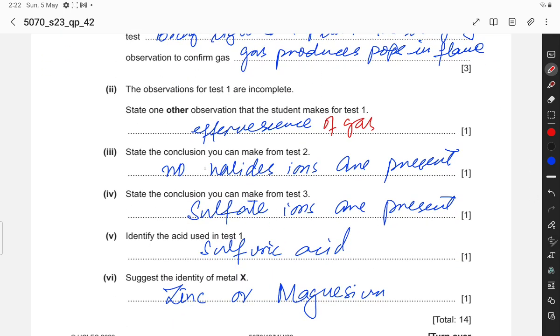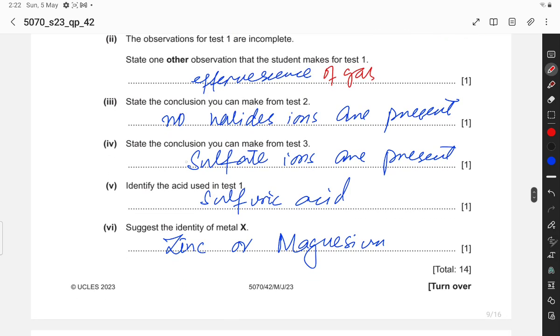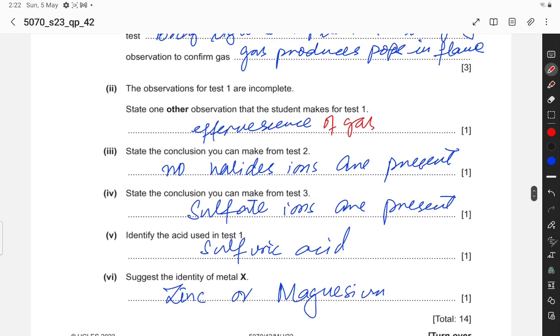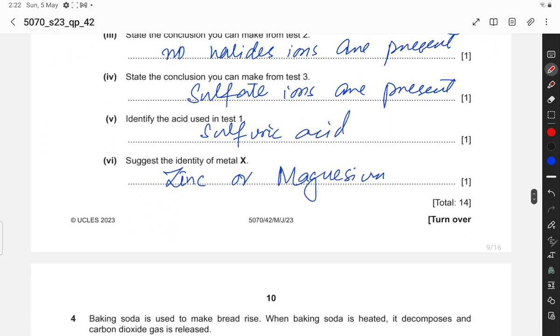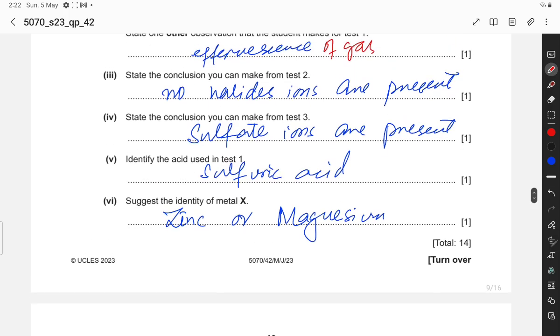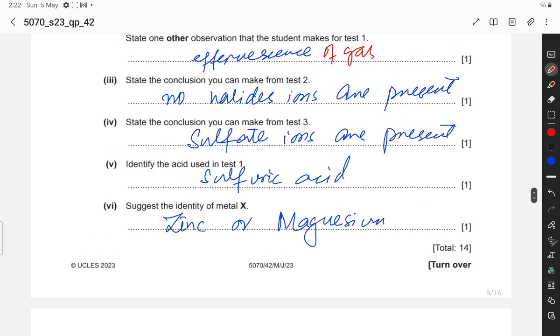State the conclusion you can make from test 2. No halide ions are present. State the conclusion you can make from test 3: sulfate ions are present because with addition of barium nitrate, white precipitates are formed. Identify the acid used in test 1: sulfuric acid.